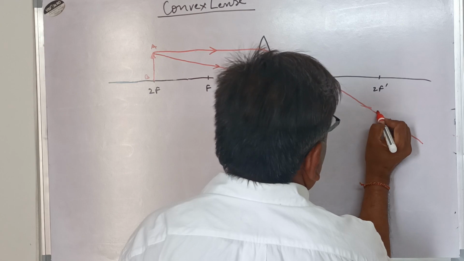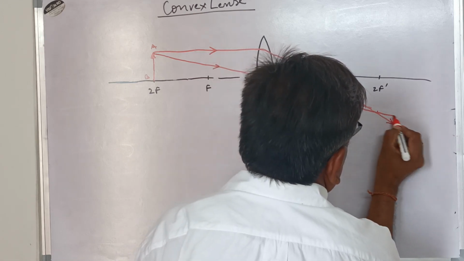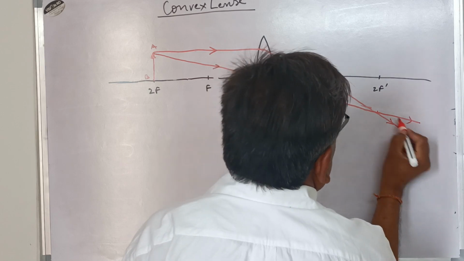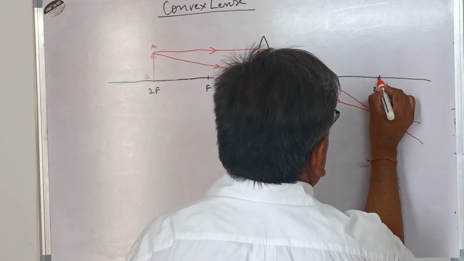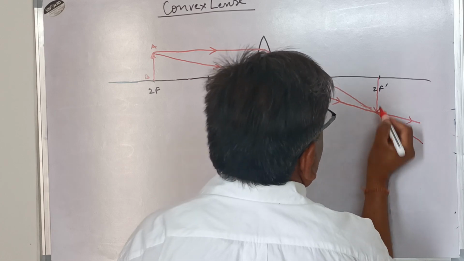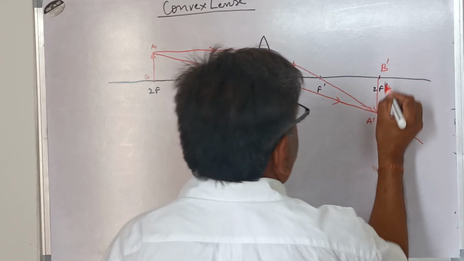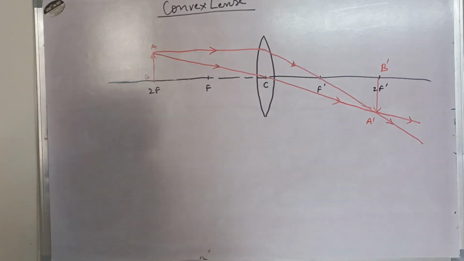It will cut somewhere here. And the image is formed here. This is A dash, B dash. This is the fundamental case.